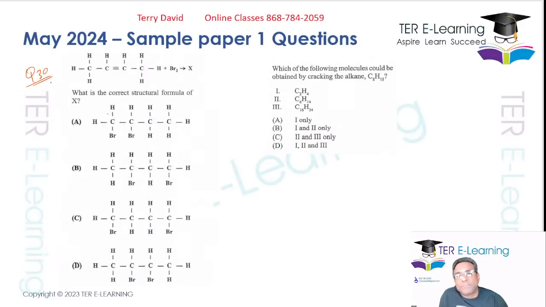Question 30. They gave you a compound here and it's reacting with bromine, Br2, and it's giving you a compound X. Which one is the correct formula?